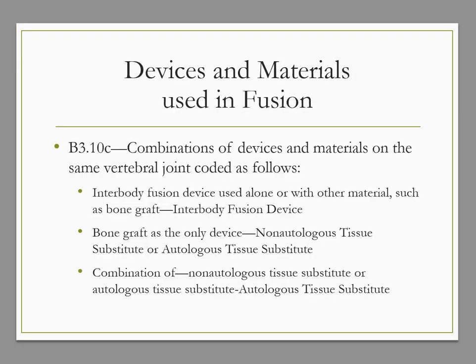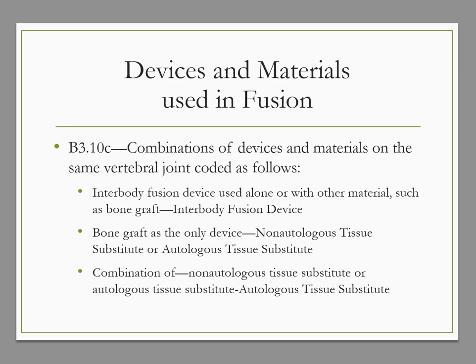All right, next up, we're still talking about fusions of the spine here with guideline B3.10c. We're going to look at devices and materials that are often used on a vertebral joint to render the joint immobile.